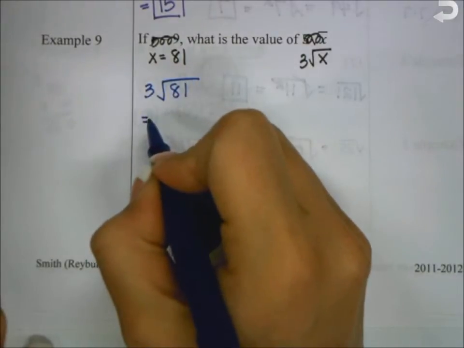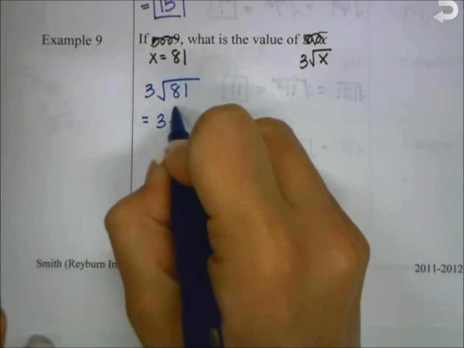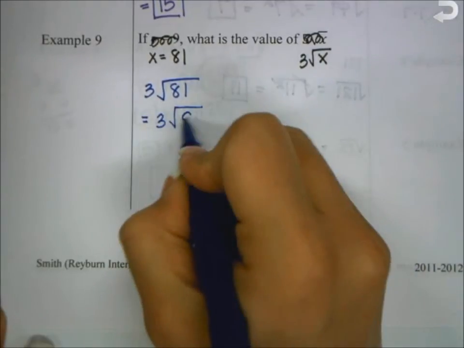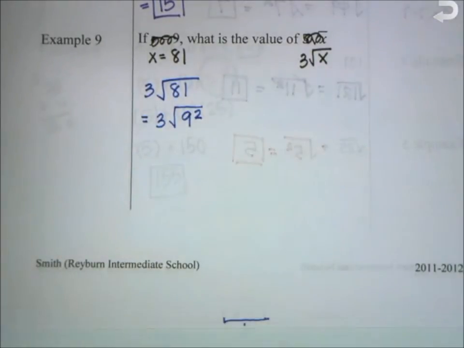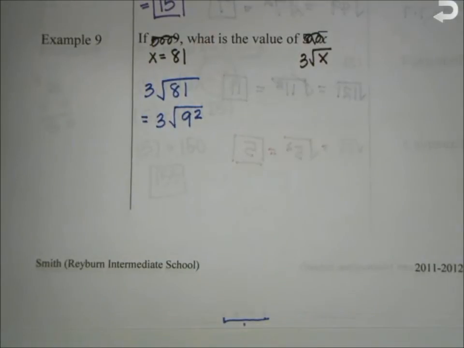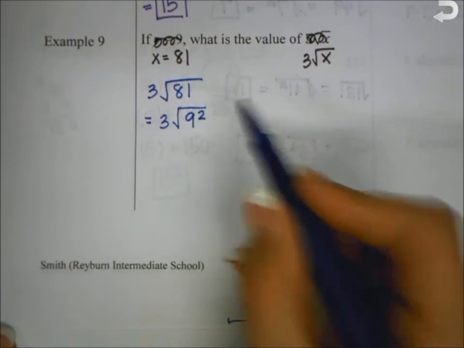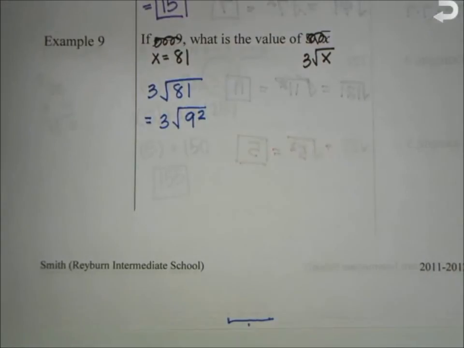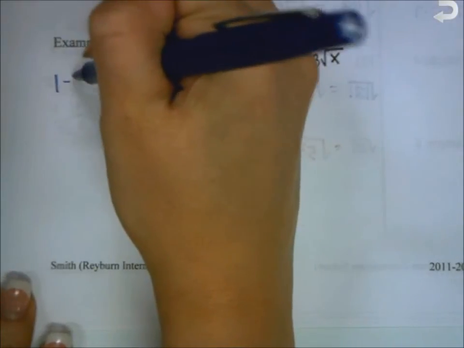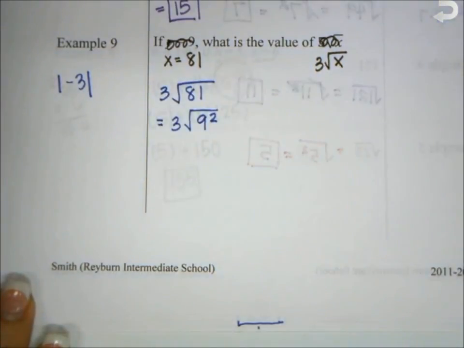Now, Nikki was asking a good question earlier. When we take the square root, it goes away. We don't have to take the square root anymore. It's like, remember when we were doing the absolute value of, I don't know, -3? What's the absolute value of -3? Positive 3. After I do that, do I have to take the absolute value anymore? No, I do the absolute value and it goes away. Same thing with square root.